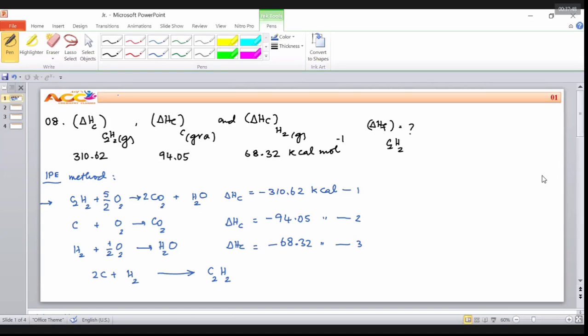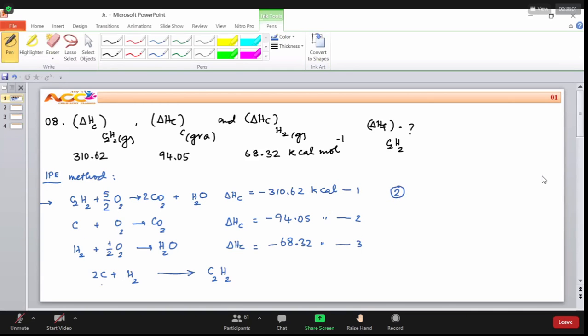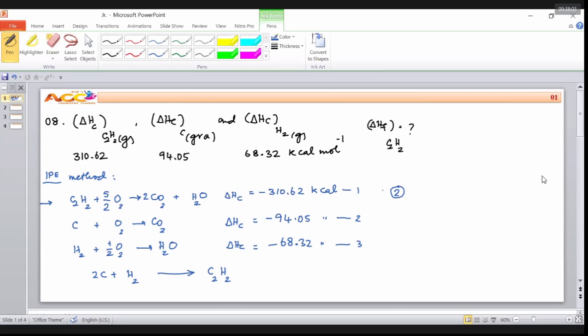How to manipulate? Go ahead in the equation. For example, carbon is on the left hand side. Very good. Here also we have carbon on the left hand side. Therefore, equation number 2. We require 2 carbons, so multiply by 2. Left hand side carbon is available, we have a requirement of 2, multiply by 2.